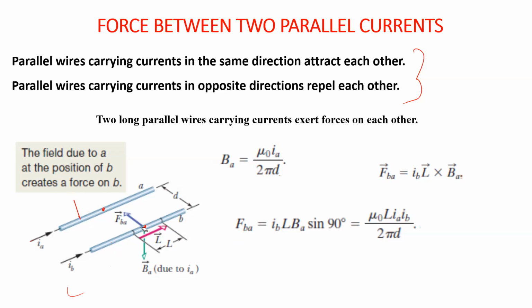So this is the basic formula. What will be the formula for the magnitude of the magnetic force? Considering I L cross B_A, with B_A we get I L B sin 90.